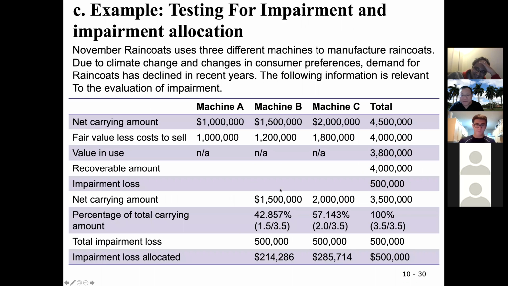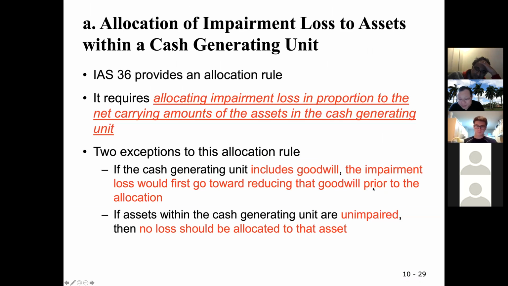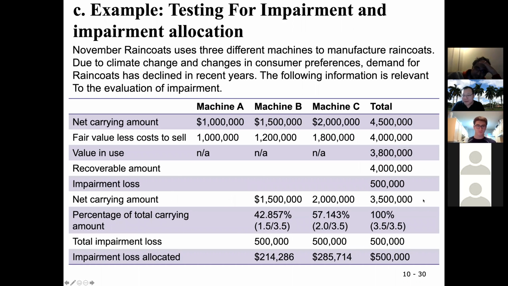Okay, let's keep going. So you have a $500,000 impairment loss. How am I going to allocate this loss across A, B, C?